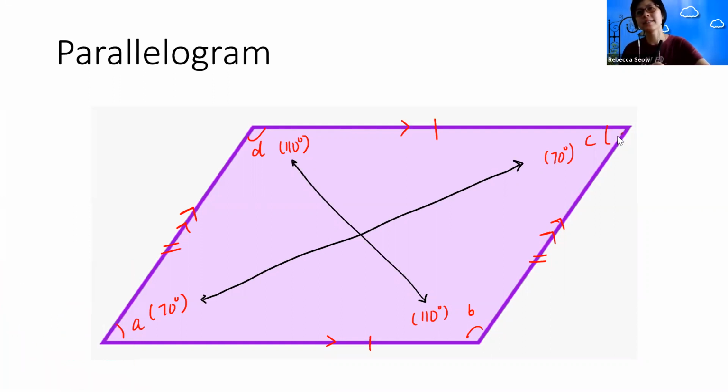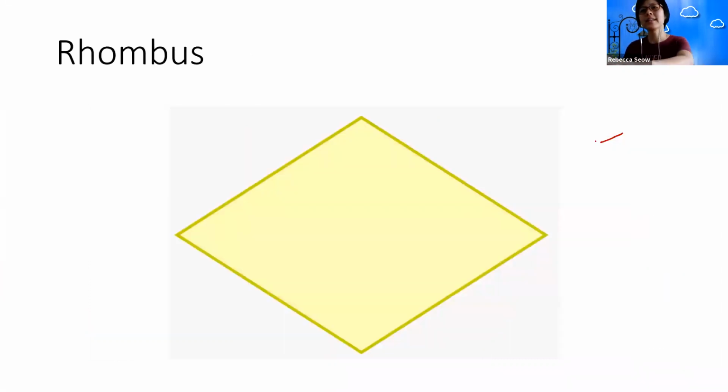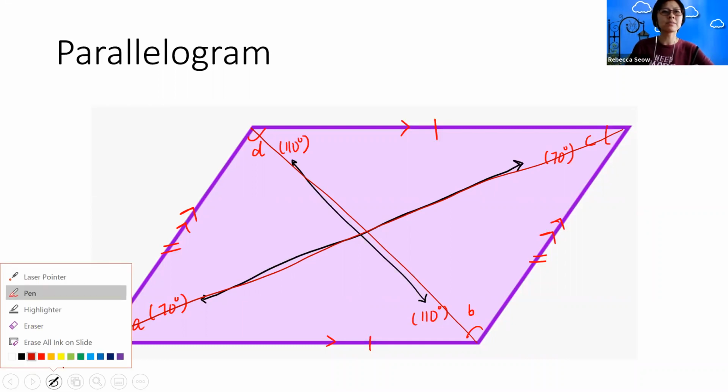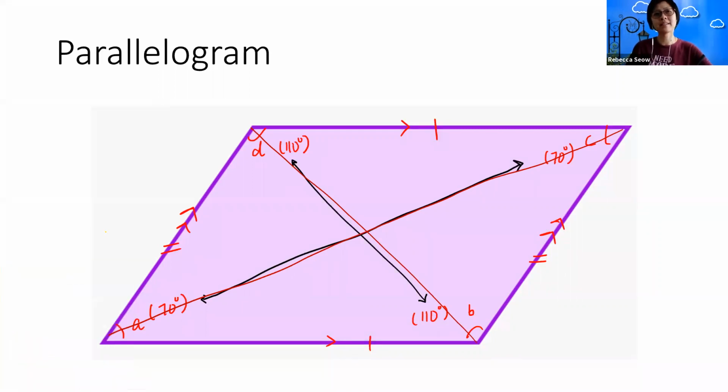Now let's take a look at the case where you draw a diagonal. From C, if I were to draw a diagonal to A, and from B, if I were to draw a diagonal to D, what are the observations of angles or special angles that I can make? You notice that there is actually a letter Z somewhere here.